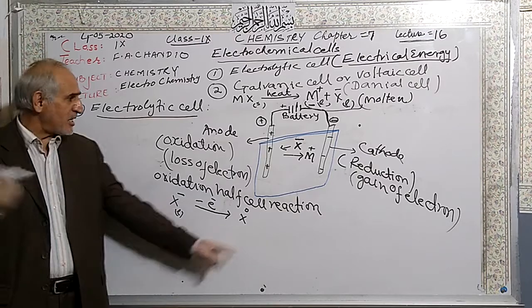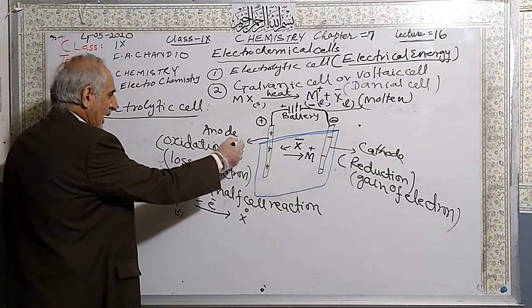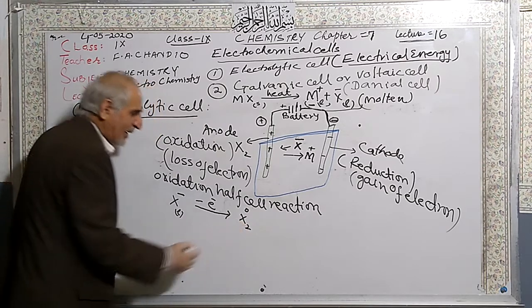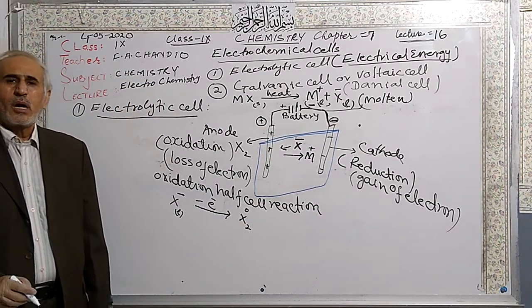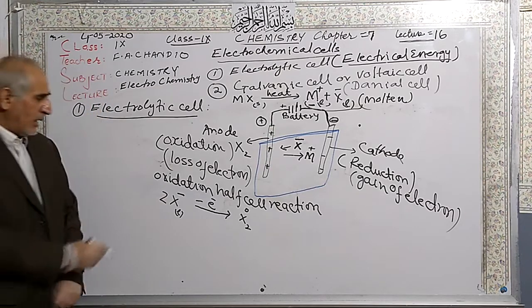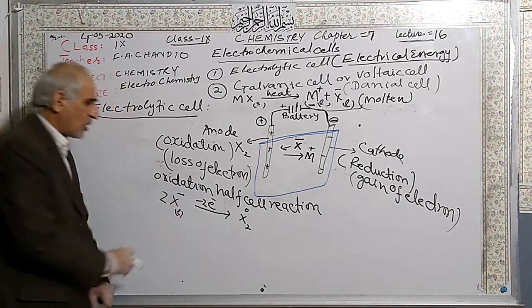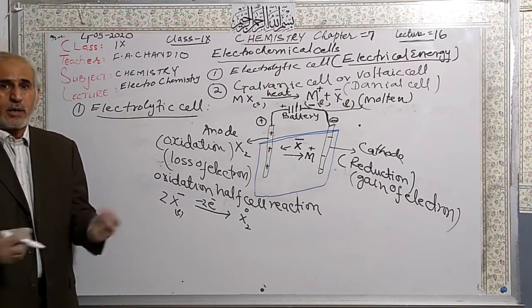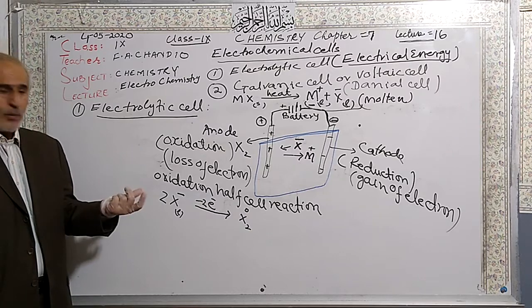So when chlorine gas is formed here, this X2 chlorine gas is going to be formed here. So I will write it in this form. So we must multiply here too. Then there will be oxidation with loss of 2 electrons. Yes, like this. There is also another process.